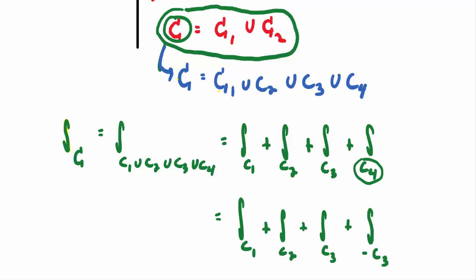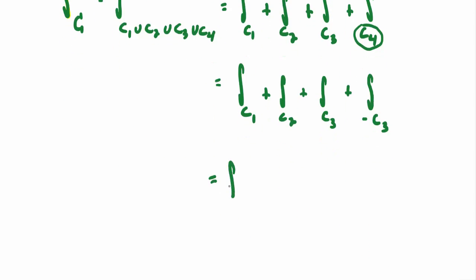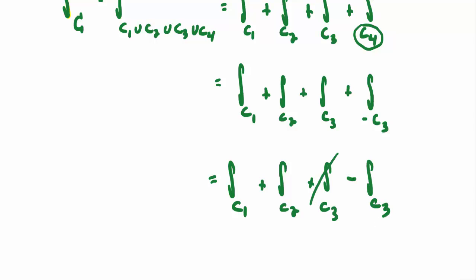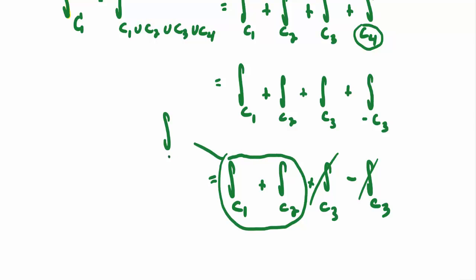But you guys know that integrating over negative C3 is the same as the opposite of the integral over C3. And so these two integrals knock each other out, and you really are just calculating the integral over C1 union C2, or it'll have the same value anyway. So long story short, Green's theorem is going to work here by this special trick that we're using.